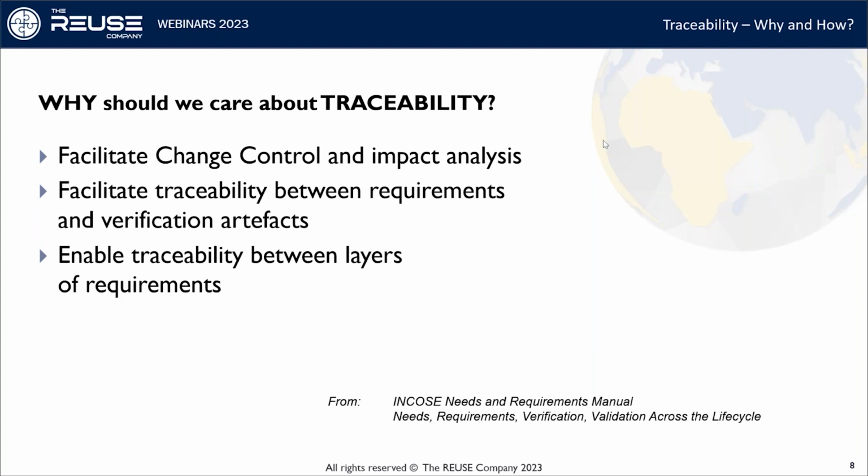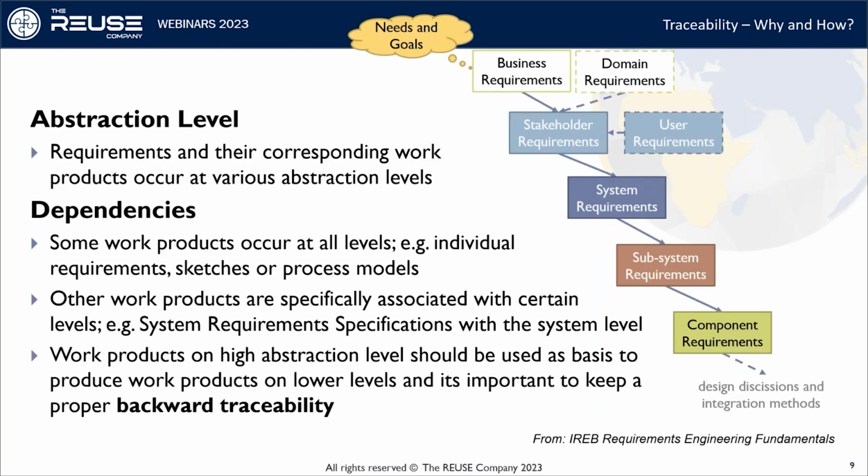So you want to establish this linkage, these traces between layers of requirements. And these abstraction levels, of course, can be very deep. So the more complex the system you are working on, the more complex the different abstraction levels will also be.